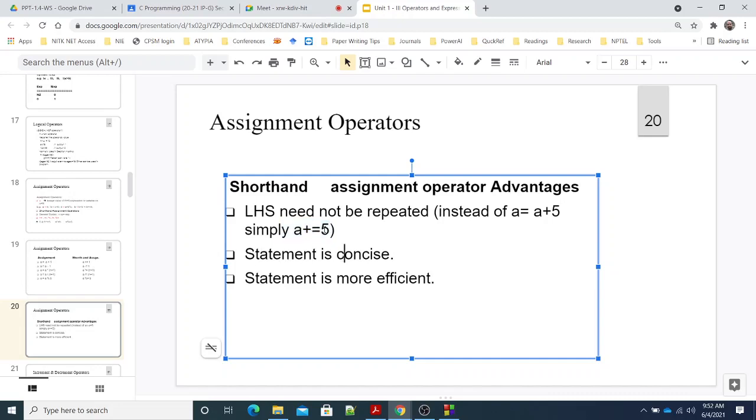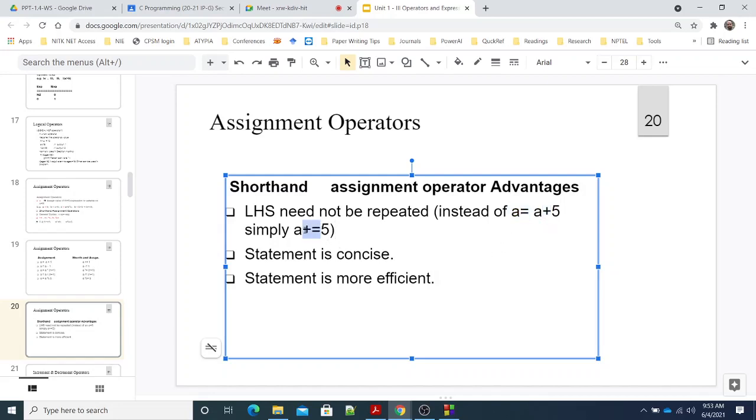In that case, when it is executed, it will take less time compared to this way of doing it. Here we have two operations in fact. First, addition of these two numbers, then the result is assigned to this. Assignment is also an operation at the CPU level. So addition as well as assignment, two machine level commands are used. One for addition, one for assignment.